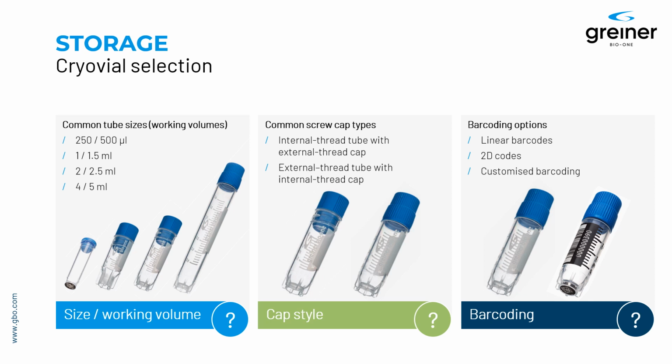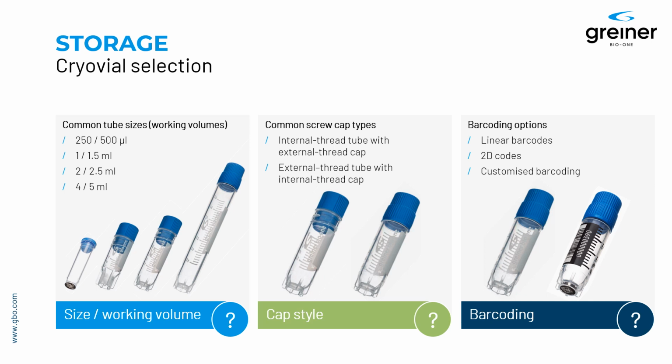On the left-hand side, you see a rather classic tube, which has a writing area where you can just write with a pen what the content or the identity of the tube is. On the right-hand side, you see a similar or identical tube, but it has a machine-readable linear barcode and a data matrix code, and also a unique identifier which can be human readable because it's printed there on the side.